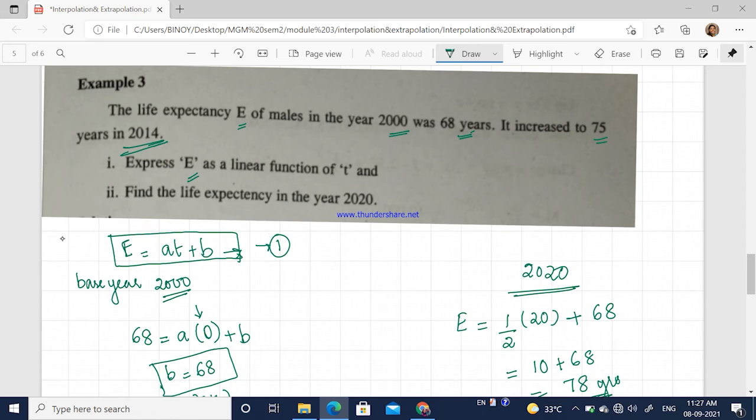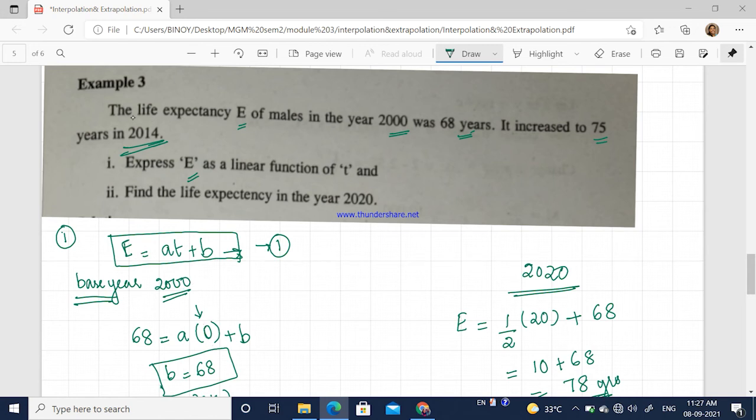So the linear function is expressed in the form E is equal to AT plus B, where t is the year. According to details given, we consider the base year as 2000. Since it is 2000, we consider the time as 0.